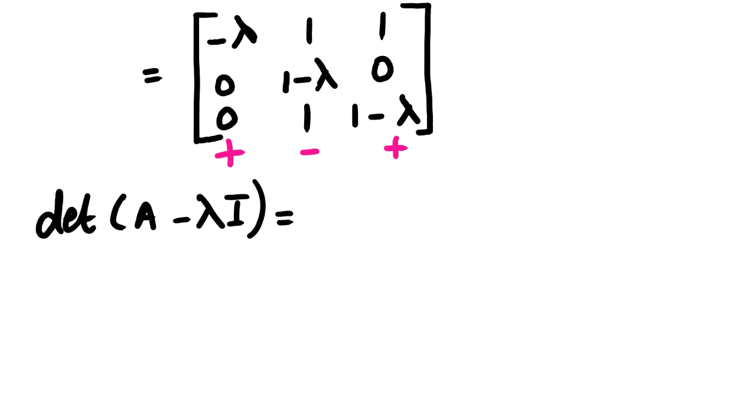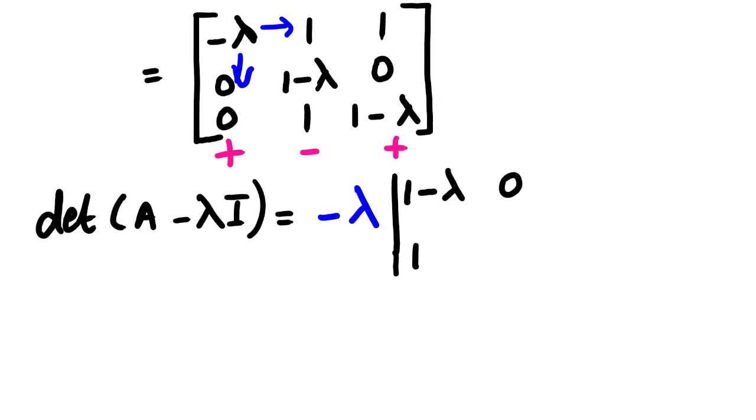So looking at negative lambda as our first element, we ignore this column and this row to produce this small 2x2 matrix. Then we write it here: 1 minus lambda, 0, 1, 1 minus lambda.